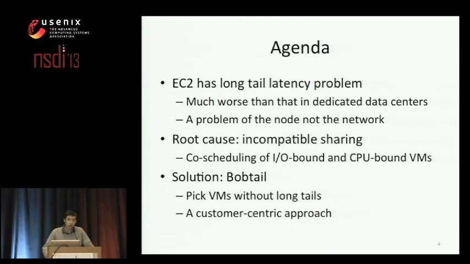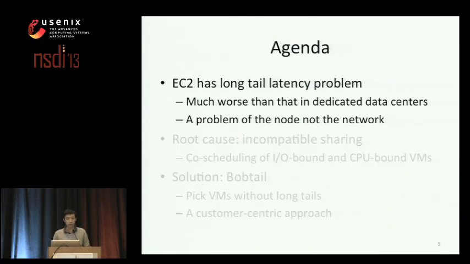Then I'll use controlled experiments to convince you that the root cause of the problem is actually the co-scheduling of incompatible workloads on shared hardware. Knowing the root cause, I'll present to you Bobtail, our solution to the problem that helps developers avoid those VMs that suffer from long-tail latency, without any help from the service providers.